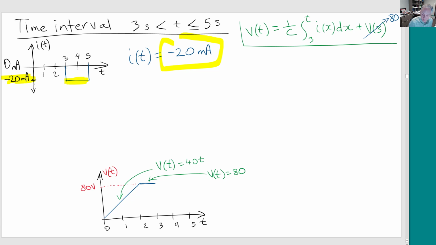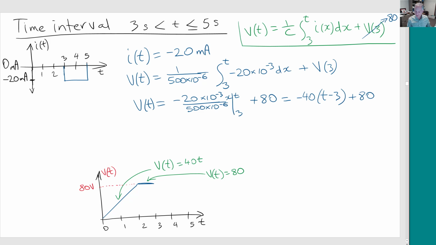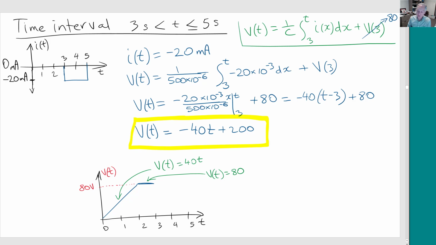Okay, and then when we plug in our equation, we have the minus 20 milliamps here, so don't mess up the minus sign. We have the V3, and then when we work that out, we get a little bit more complicated integral, and then we finally solve it to get v of t is equal to minus 40t plus 200.